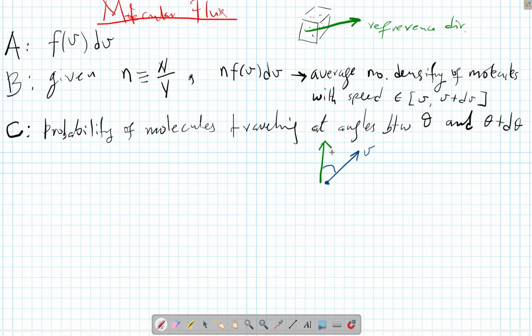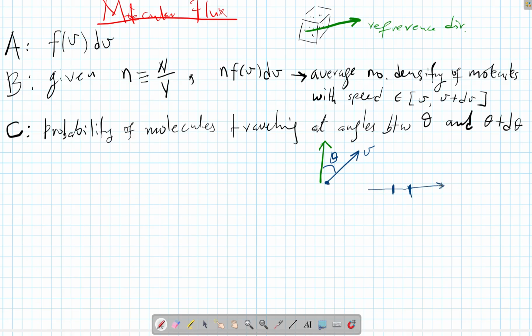This is theta. Theta is going to be a continuous variable. As usual, for continuous variables, we usually consider a range, not absolute values.